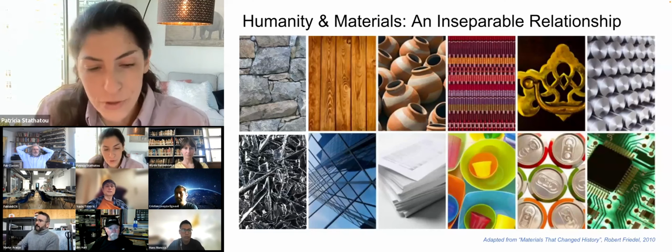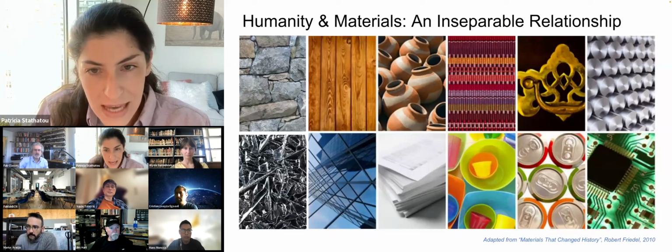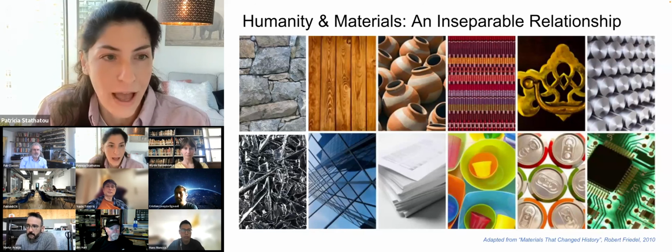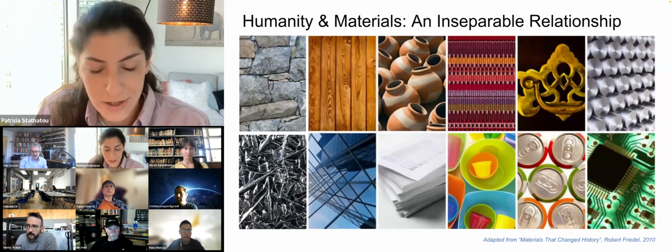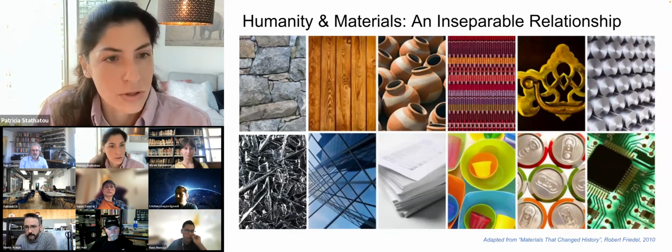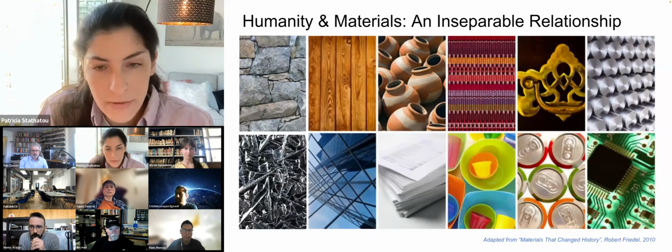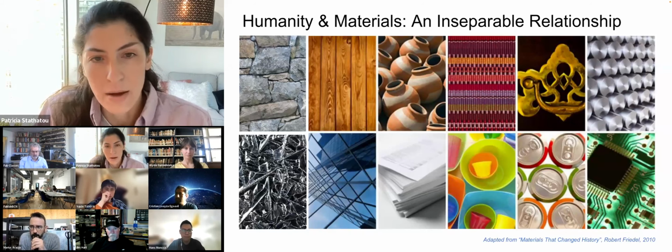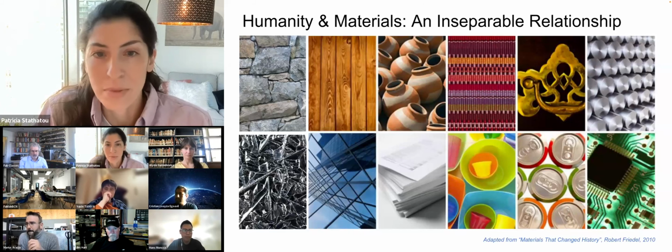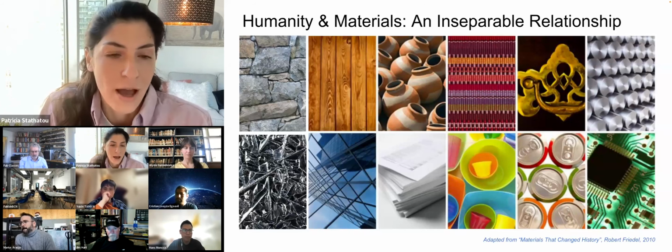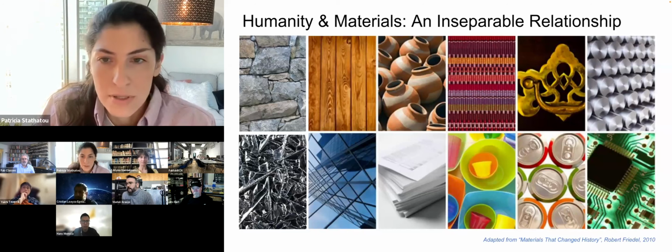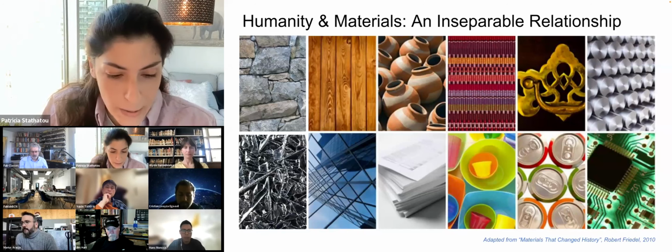As most of you know, materials have shaped the development of any human civilization throughout history since the very beginning of mankind, from stone to wood to copper. The survival and the evolution of any civilization throughout history has greatly been based upon the different materials that people were using to make tools, to build their houses, to conquer nature.